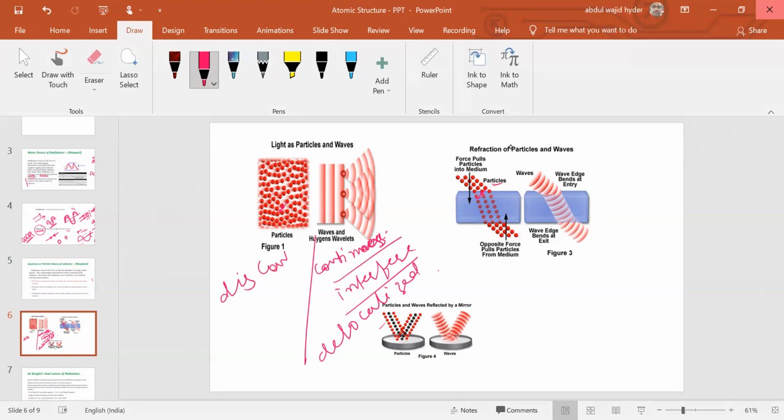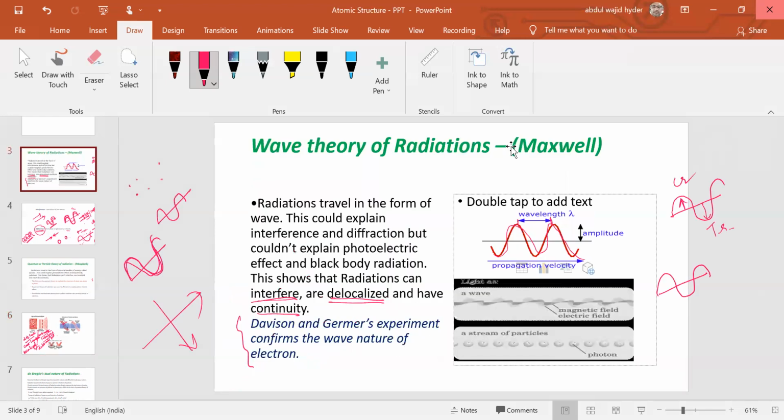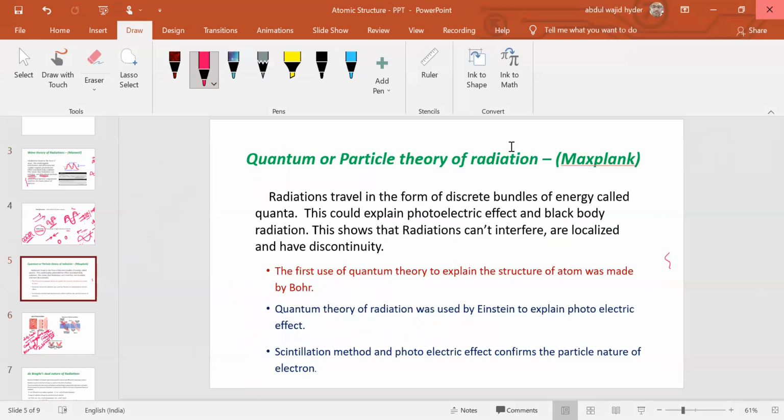Particles are discontinuous, so particles can't interfere, and particles are localized. So these are the diagrams in which particles and waves are shown here. In this way, what you wrote here: delocalized, interference, and continuity. This is what you can explain here.